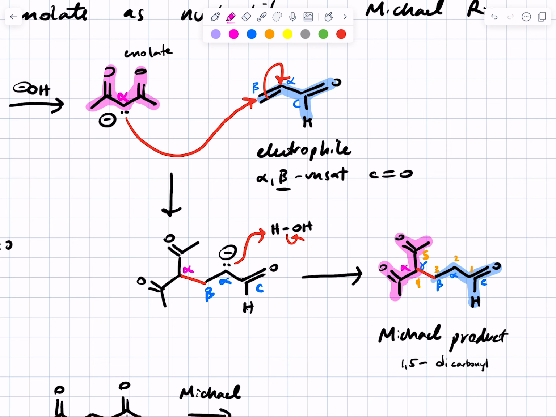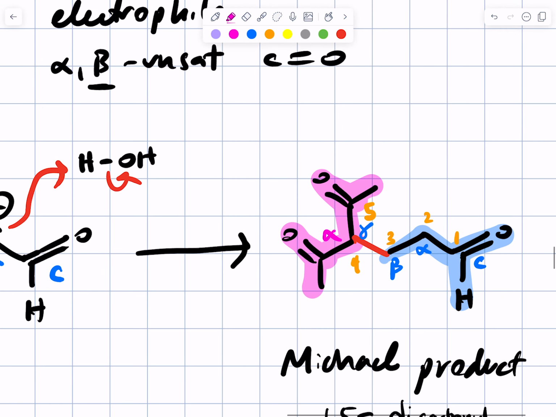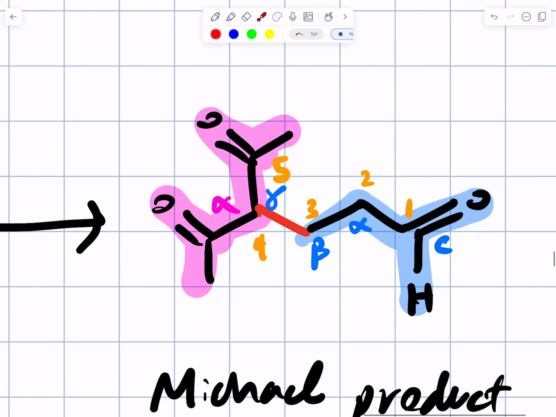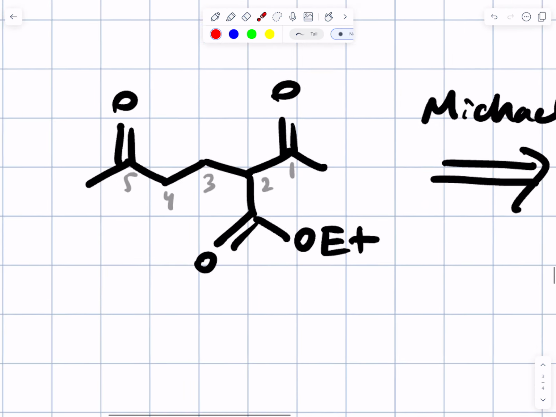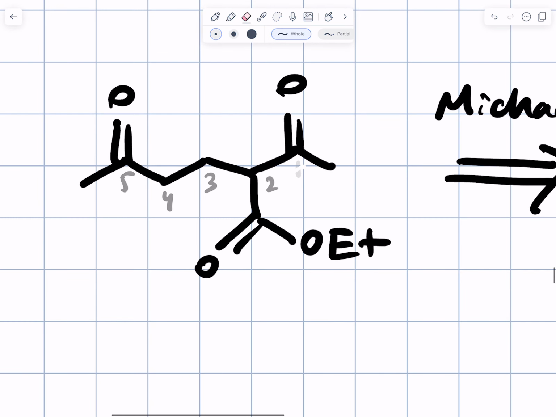No? Yes? Ish? Still no? Okay. Just a way of saying that the alpha carbon on my enolate ends up bonded to the beta carbon of my alpha beta unsaturated carbonyl compound. I'm only doing this so that we can come back here and look at this product and try to decide which portion was blue, the electrophile, and which portion was the enolate.